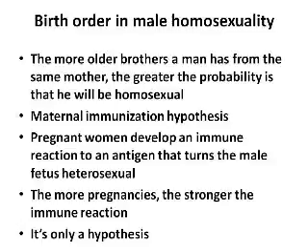So the more pregnancies a mother has, the stronger the immune reaction from the mother towards the fetus. So in that case, the younger brother, inasmuch as the mother has had more pregnancies, that has given the mother the chance to develop a stronger immune reaction against that antigen.